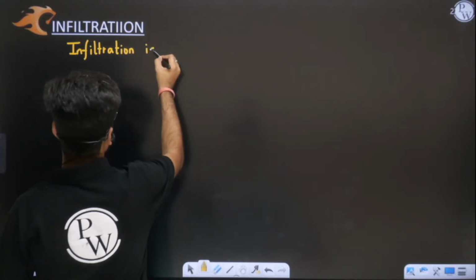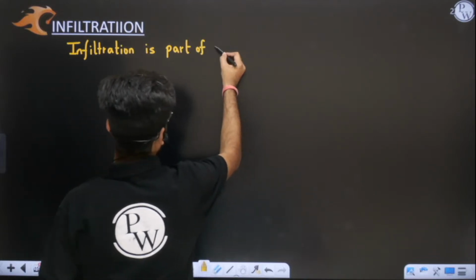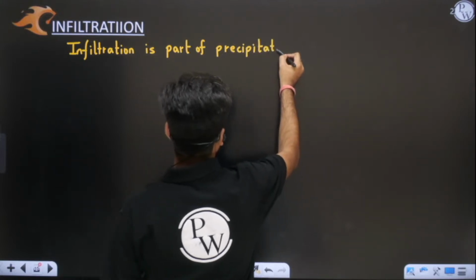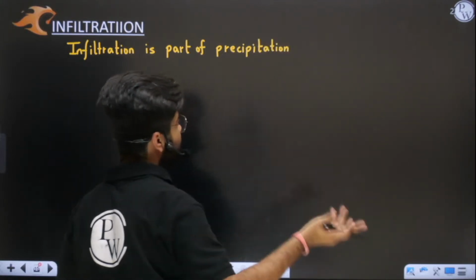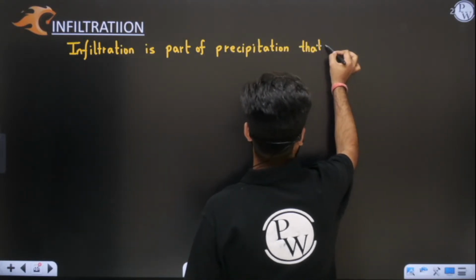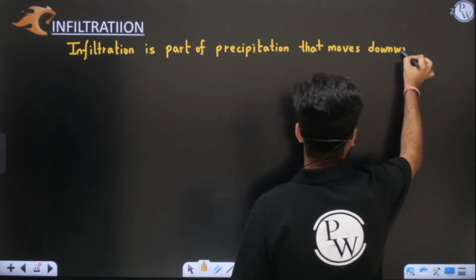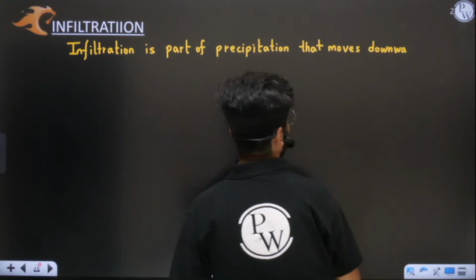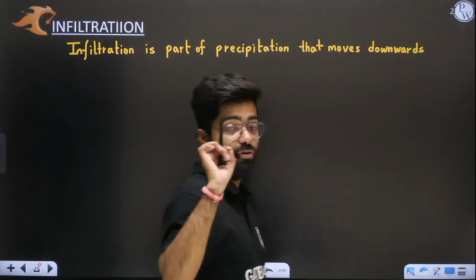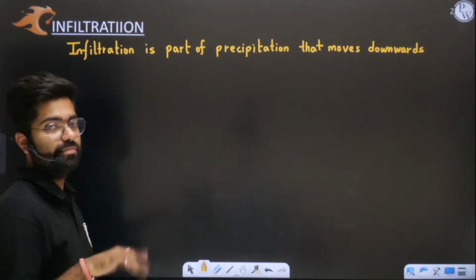Infiltration is the part of precipitation, or simply rainfall, that moves downward through the top surface of the earth. This is the important part. Infiltration is very, very important, so please stay focused because questions will be framed from here only. In this entire chapter only infiltration is important.